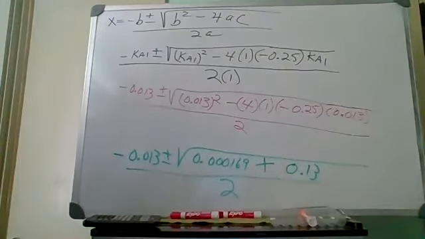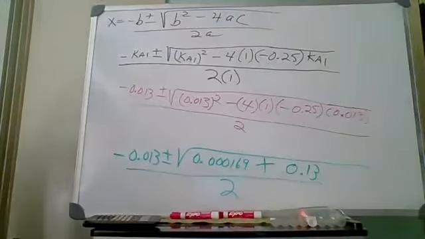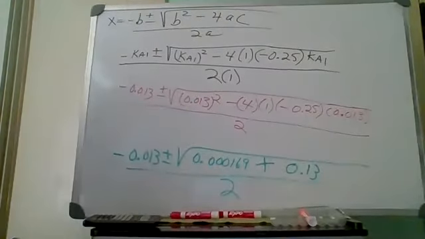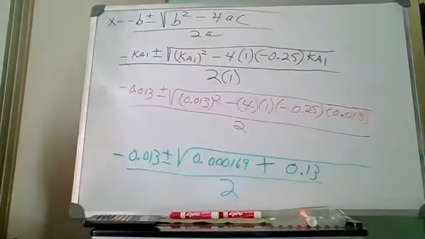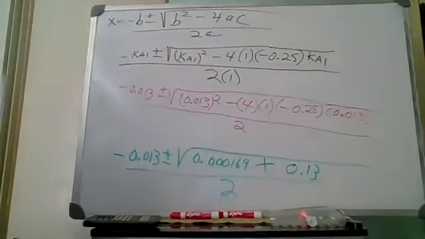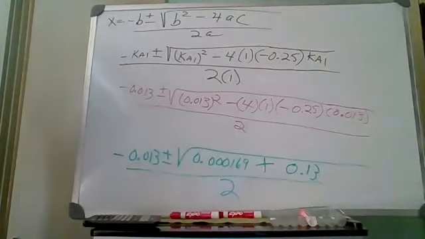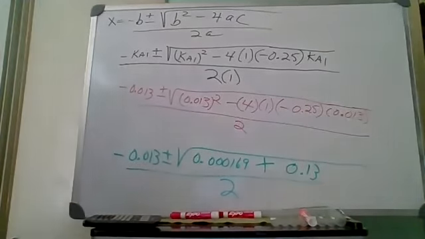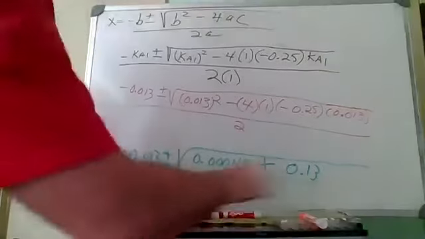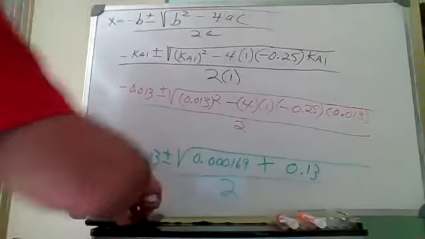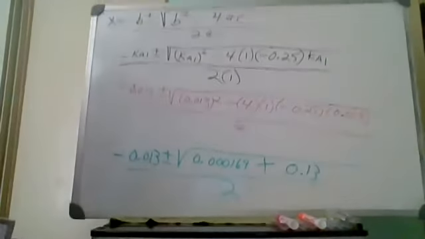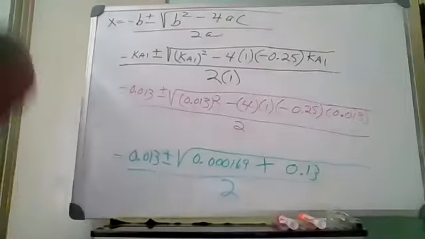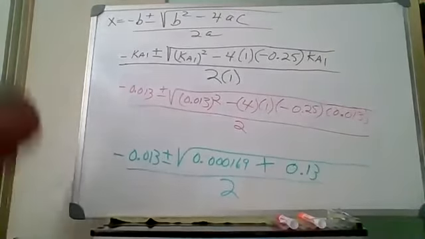Hopefully I haven't screwed anything up. I'm just trying to think of a way to do this. Actually, I'm going to use the smaller board. Now you see why I don't want to give you one of these quadratics. Okay, so let's calculate this out.